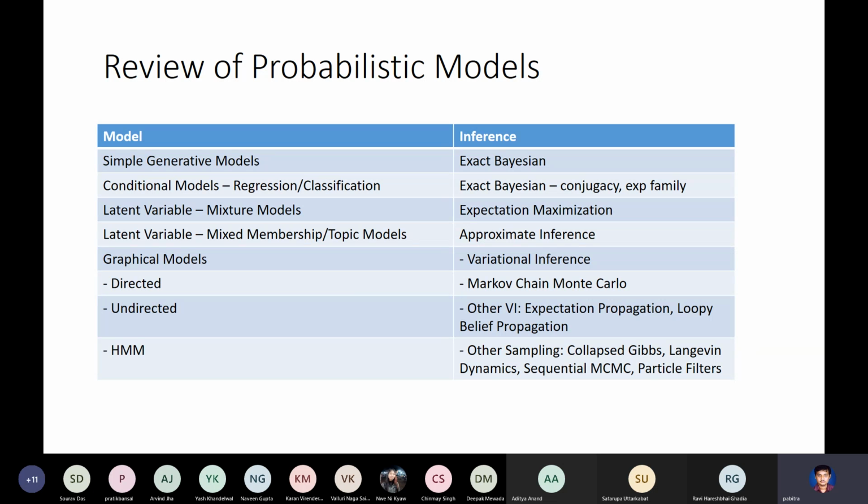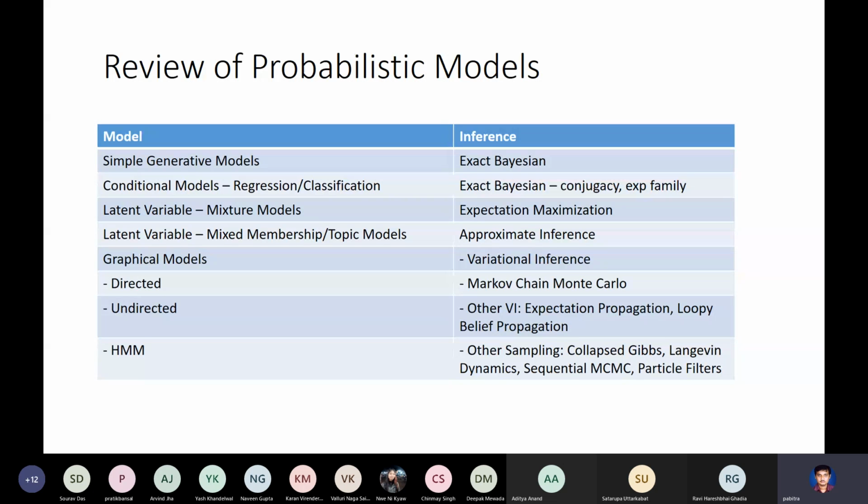So finding this posterior is possible when you have simple generative models or conditional models. We call such cases exact Bayesian inference. We have seen that exact Bayesian inference is particularly easy, even algebraically, if we have conjugacy. That means the prior and the posterior belong to the same family.